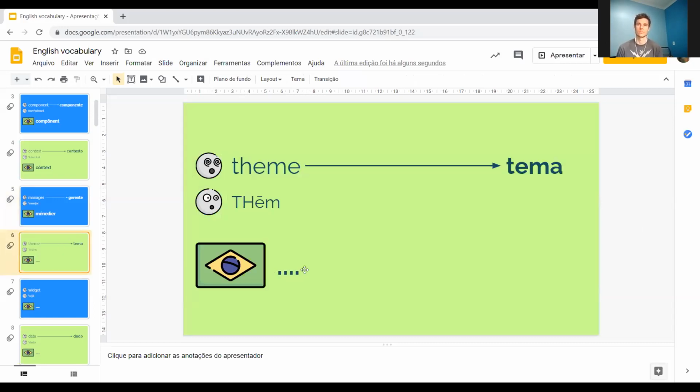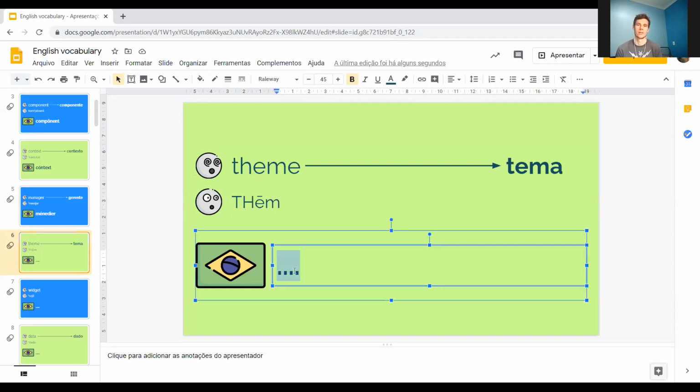Next one. I would say theme. This is a hard one. Yeah, so it's basically the letter E. Theme. Okay, it's a little bit longer. It's a long E vowel sound.